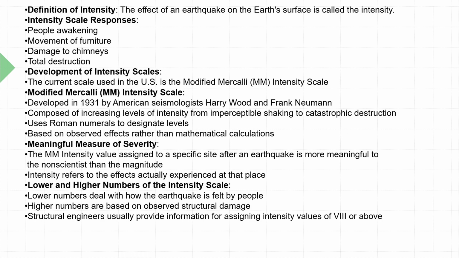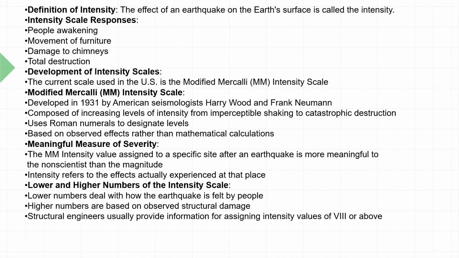Now, how is intensity expressed? Let's understand this. The intensity scale is also one of the many scales that are used, but the modified Mercalli intensity scale is the one which is most commonly used, and it is expressed as a Roman numeral.